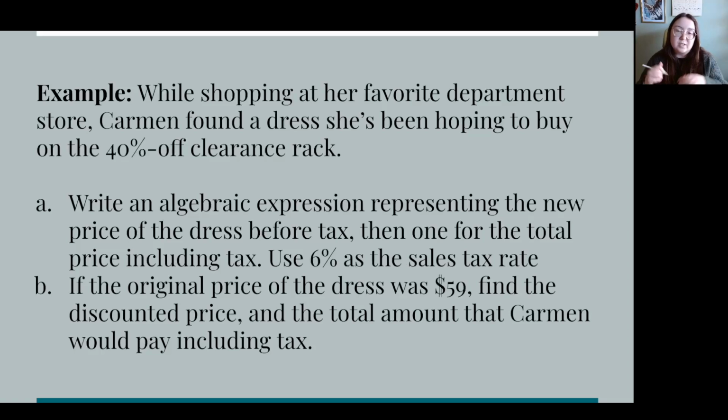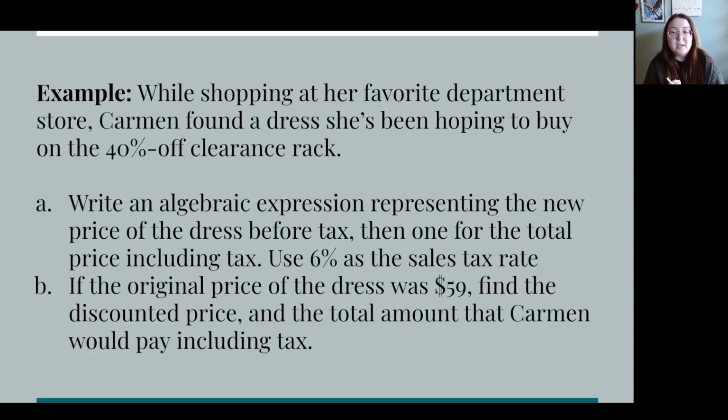So there's kind of a lot of things going on here. It's on the clearance rack. We know it's 40% off. So the price of this dress is going to have that 40% off. And so we'll have to find an expression that represents that 40% off portion. And then we're going to need to write another expression that also includes the addition of sales tax.